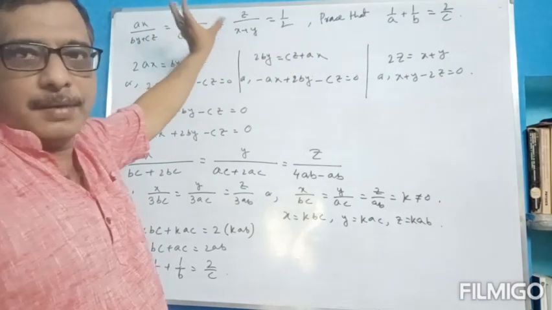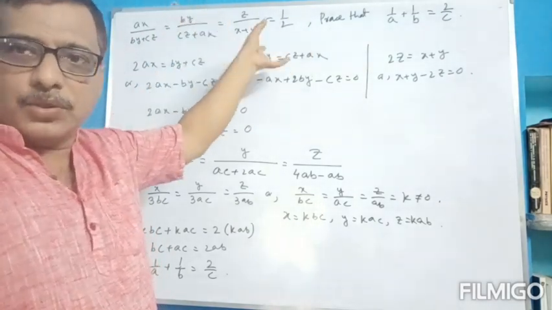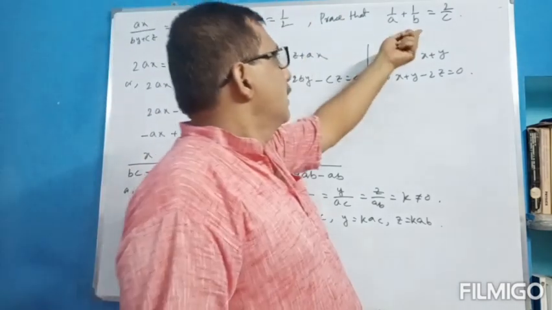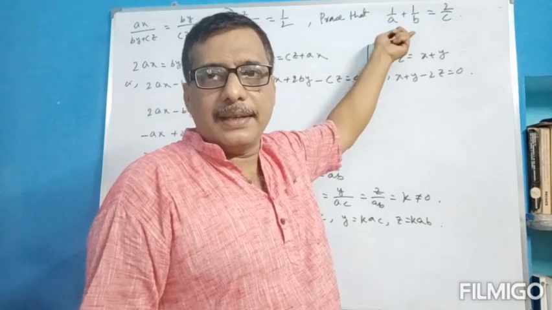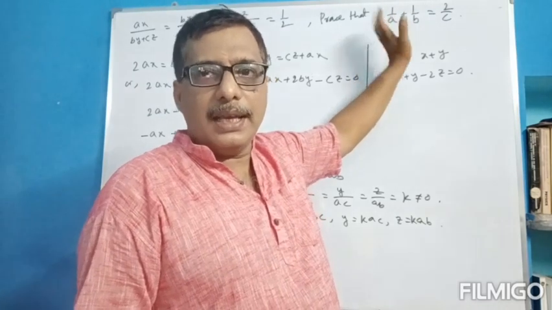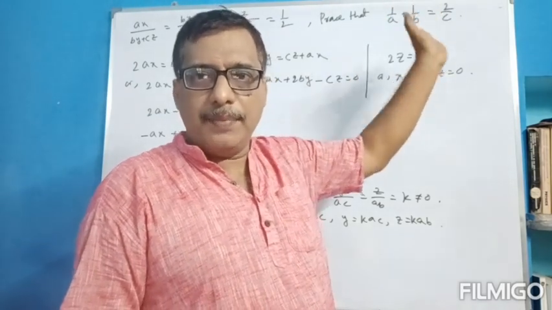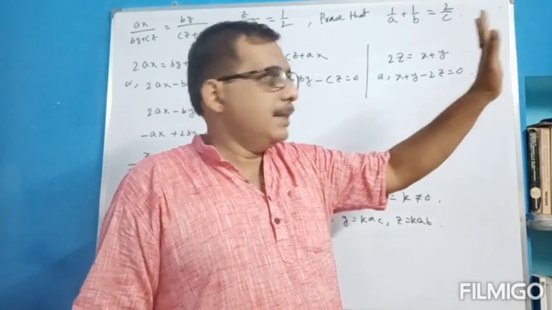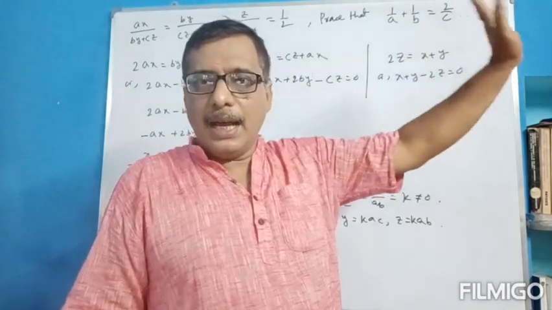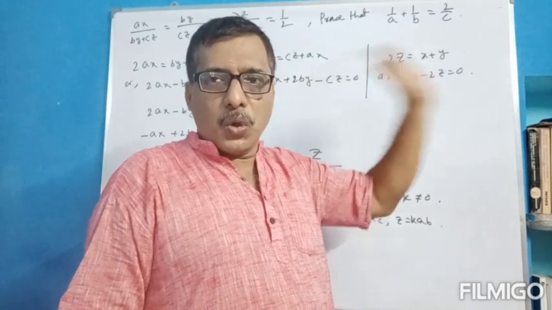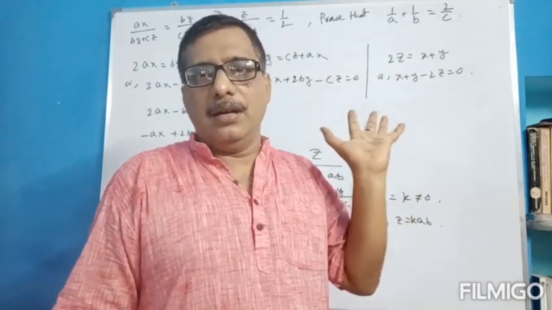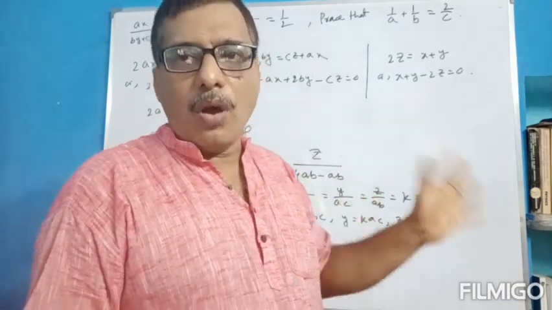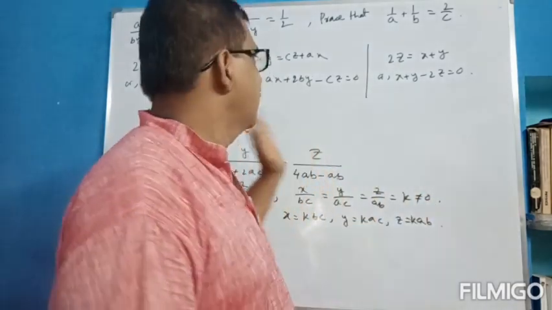The relation is given by a, b, c as well as x, y, z, but our requirement is free from x, y, z, only the relation among a, b and c. So if we eliminate x, y, z from the given condition, then we can solve the problem.